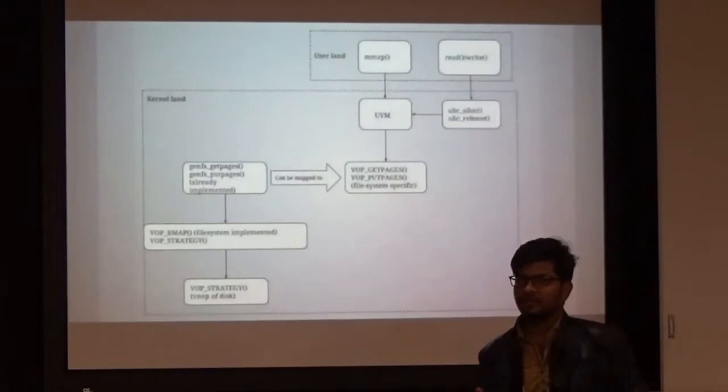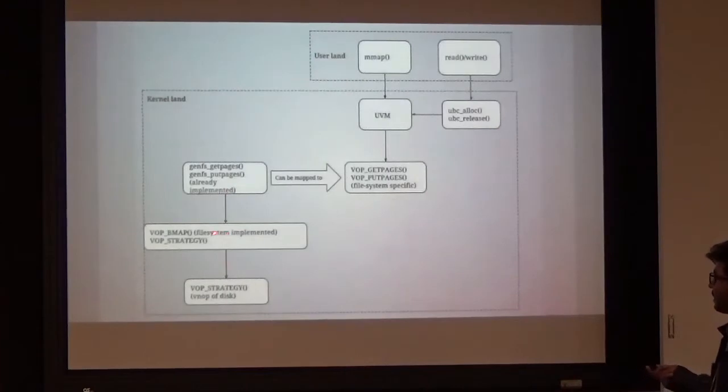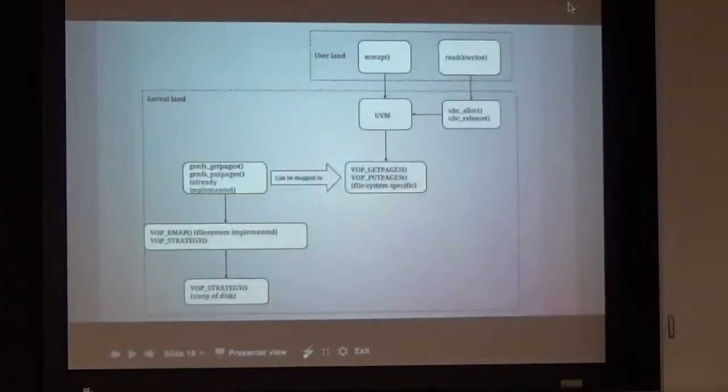So the job of getpage and putpage is basically to allocate the pages and then to check if data is already there. If it is there, then return it. If it is not there, then get the file system specific mapping, and once we have got the disk block number, we can directly call the VOP strategy of the disk. This is not a recursive call; it is the vnode of the disk, whereas earlier it was the vnode of the file system.